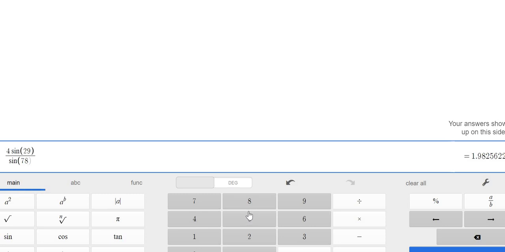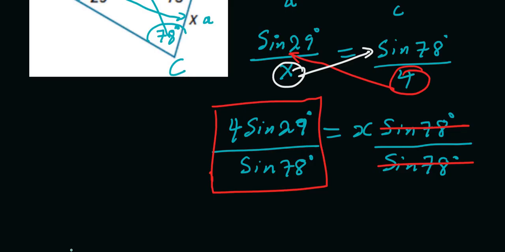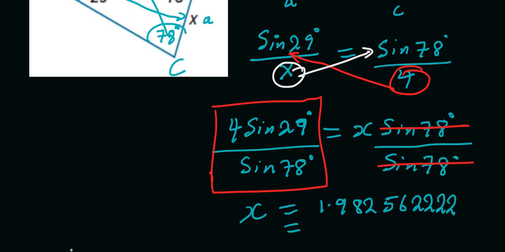So that is the value for this division. So X is equal to 1.98256222, and to the nearest tenth, this will be 2.0. Okay, so this is your final answer to this question.